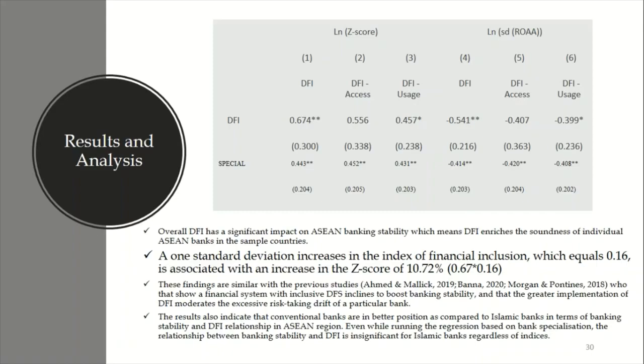This is similar to previous studies, though they used other countries as well as financial inclusion in general. So digital financial inclusion tends to boost banking stability. A greater implementation of DFI moderates the excessive risk taking of a particular bank. As we already mentioned, conventional banks are in a better position compared to Islamic banks, which are at a very early stage and are not fully taking advantage of DFI.